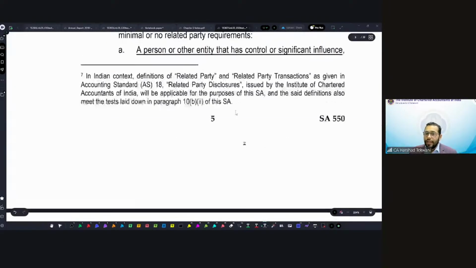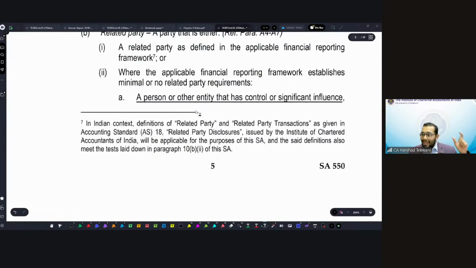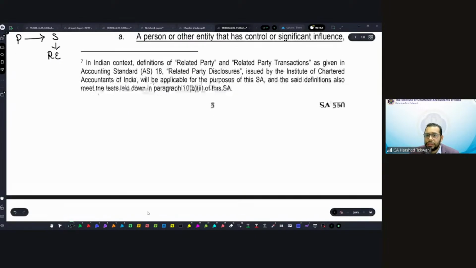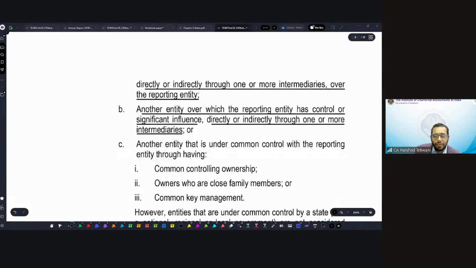So first we are talking about a parent having control on a subsidiary, where the subsidiary is the reporting entity. In the second scenario, the parent is a reporting entity and it has control over the subsidiary.